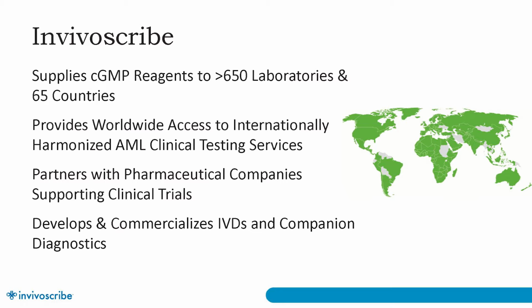And we provide international access to harmonized tests and software, bioinformatics software, for laboratories around the world. We also have our own clinical labs located around the world as well. And we partner with pharmaceutical companies to support clinical trials, and we develop and commercialize IVDs and companion diagnostics.